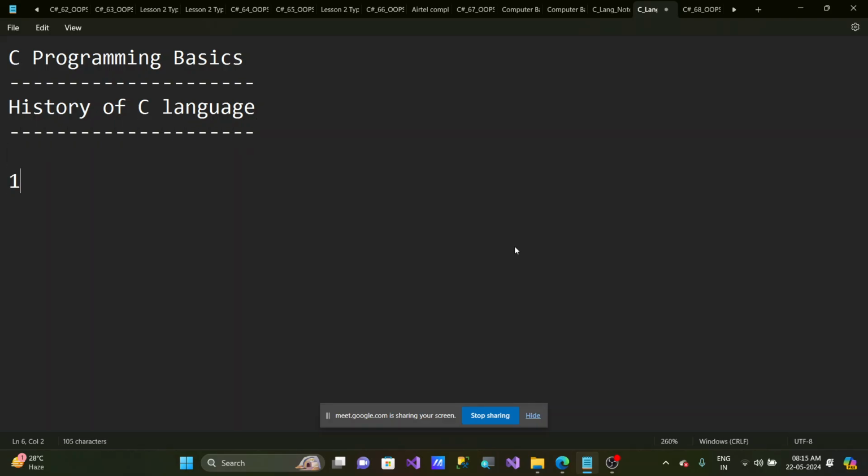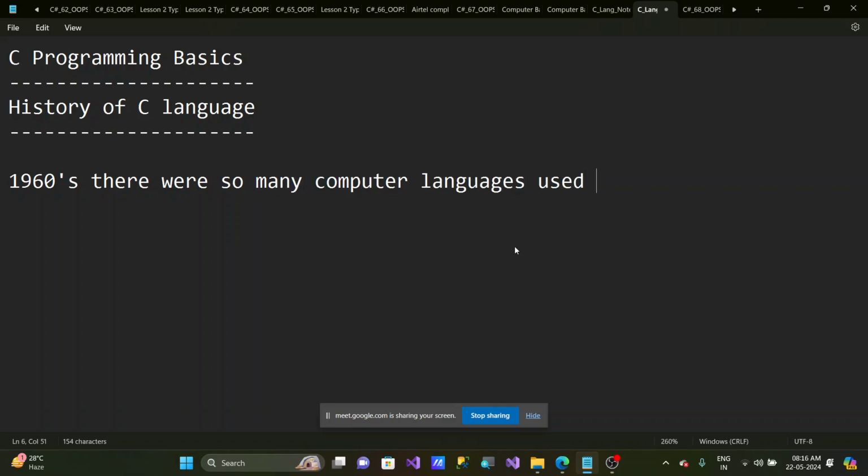So in the 1960s, there were so many computer languages used for different purposes. We have a language called BASIC.